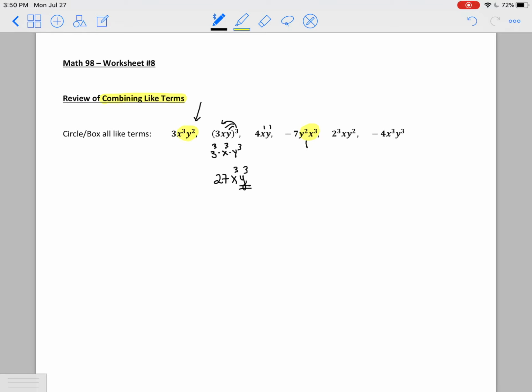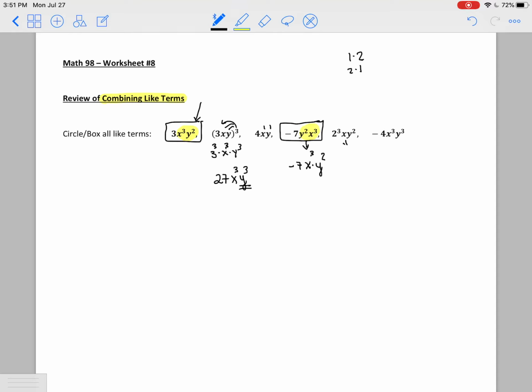This is the commutative property, and it says that we can switch that x cubed and that y squared around if we want to, because remember that 1 times 2 is the same as 2 times 1. They're the same thing. So it looks like this term, negative 7y squared x cubed, is the same as the original. So we can definitely box those.